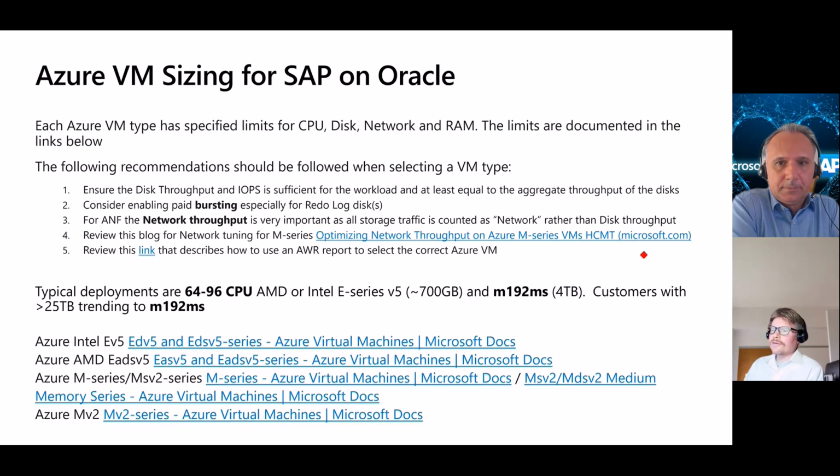It's very important that your VM type has sufficient throughput and IOPS, at least equal to the aggregate of your disks. Otherwise, you've engineered a system where the IOPS and the throughput of the disks exceeds that of your VM, which means it will never be used.